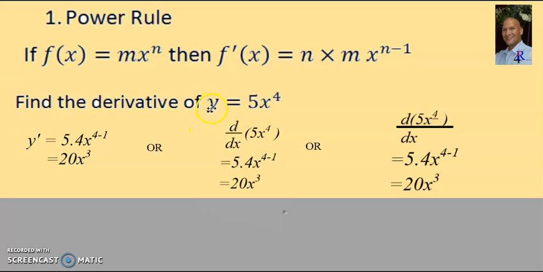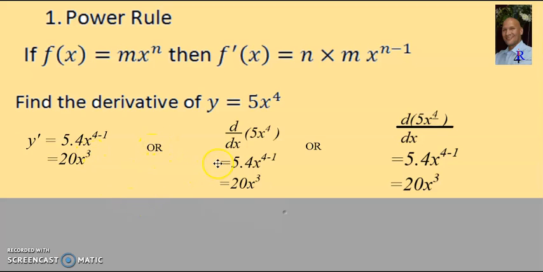If they give me y, I say y prime is equal to 5 multiplied by 4, and I subtract 1 from my exponent of x, and then I get 20x to the power of 3.